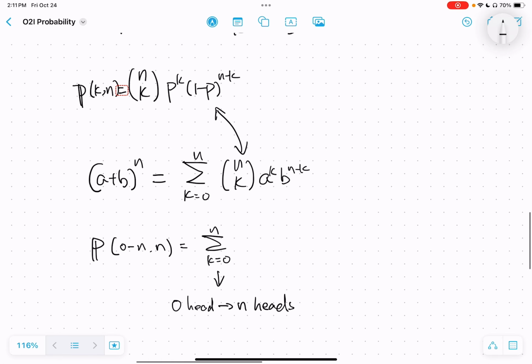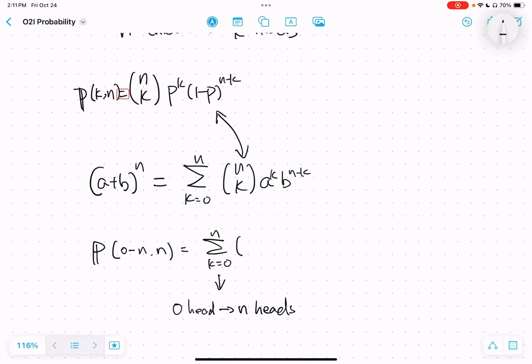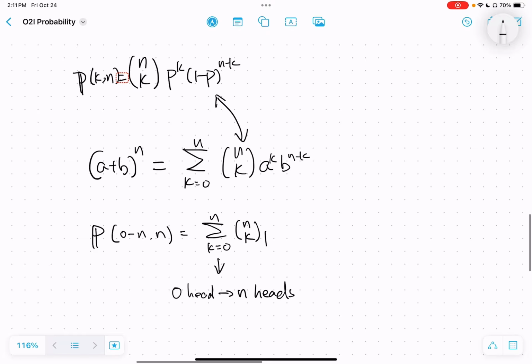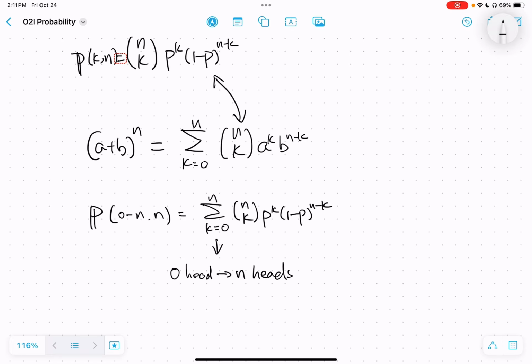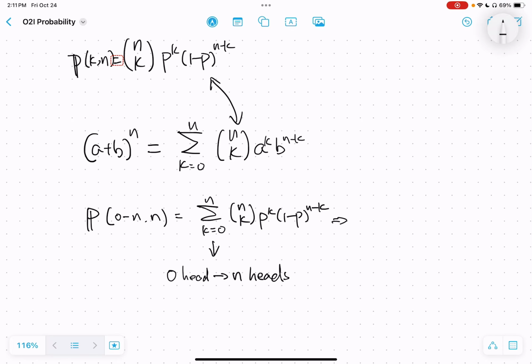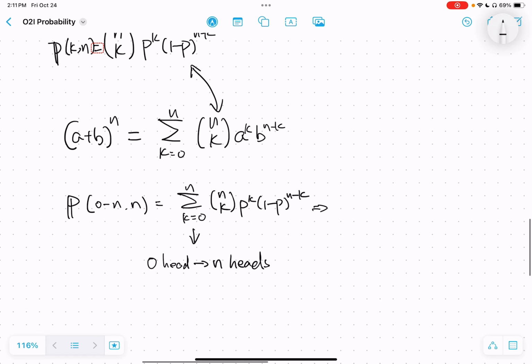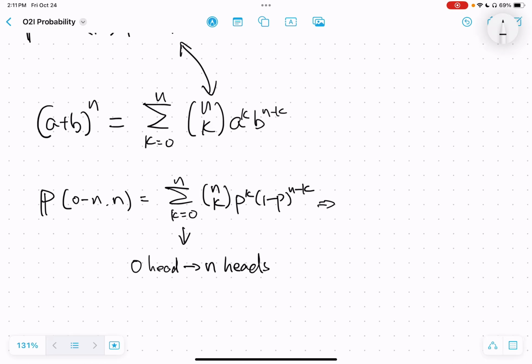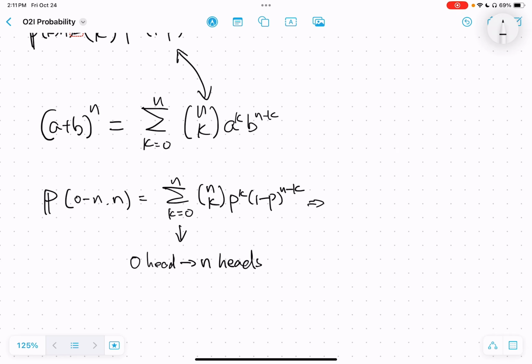Because remember that each k value is going to be one outcome, the probability of one outcome, which is n choose k, and then p to the power of k times (1 minus p) to the power of n minus k. Now, this expression means that when we have n throws, this is the definite number of throws, we want to find the probability of all possible outcomes, right?